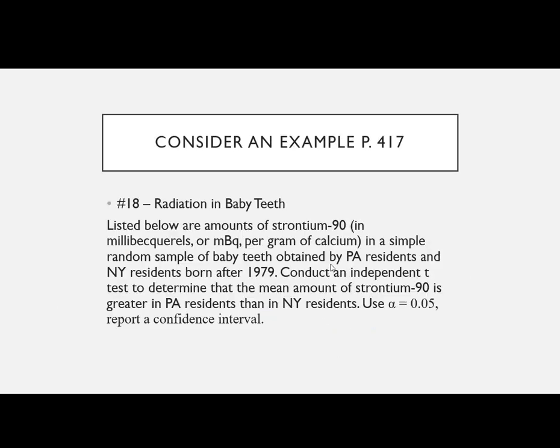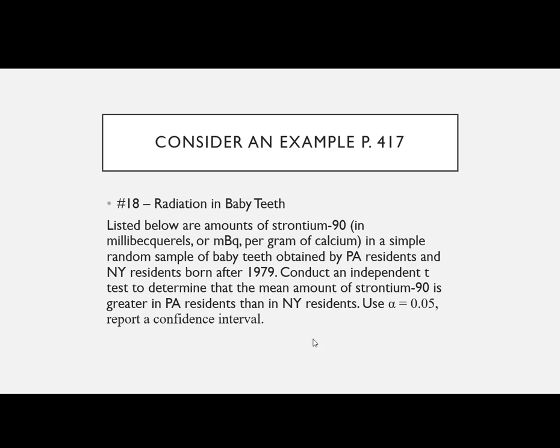Consider the example on page 417 of the book, number 18, radiation in baby teeth. Listed below are amounts of strontium-90 in millibecquerels, or MBQ, per gram of calcium in a simple random sample of baby teeth obtained by Pennsylvania residents and New York residents born after 1979.